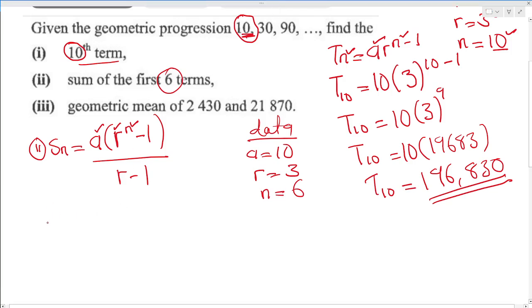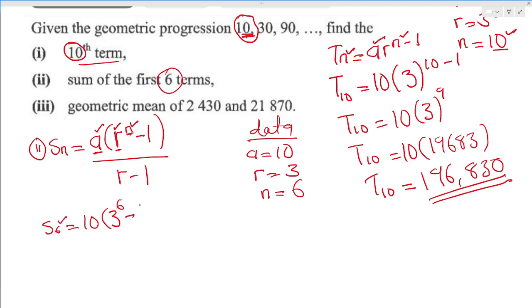So we're going to say S6 is equal to our A, we say 10, open bracket, 3 to the power, there's n there again. What is our n? It is the same as what we have there, so the power 6 minus 1, we close, then everything over, that is R right there, 3 minus 1.